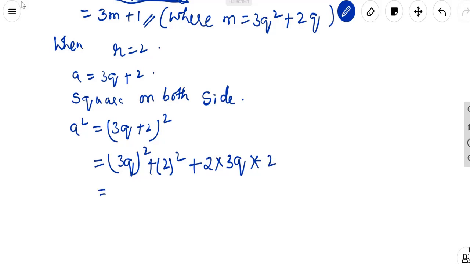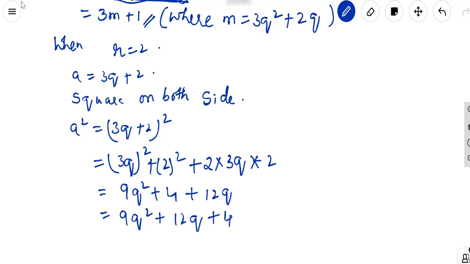2. Okay, so I'm going to rewrite this equation properly. So this becomes 9q square plus 4 plus, it is 2 into 3 is 6, 6 into 2 is 12, so this becomes 12q. I'll rewrite this equation in the proper way, in terms of order of q. So this is 9q square plus 12q plus 4.